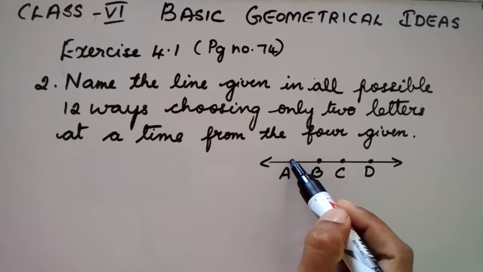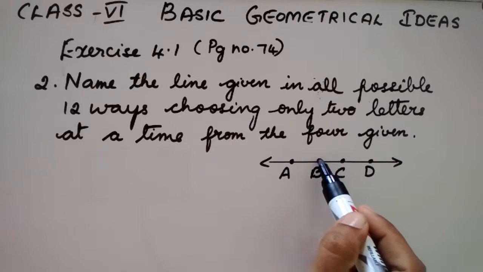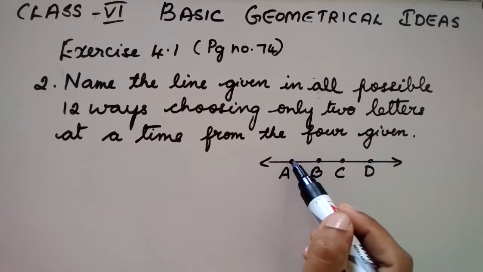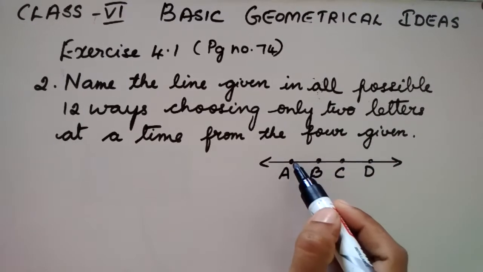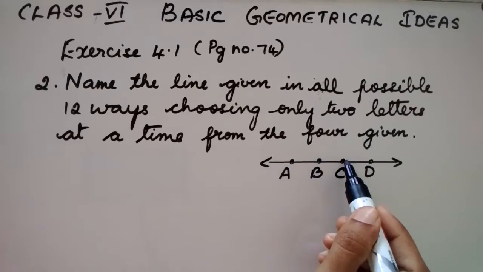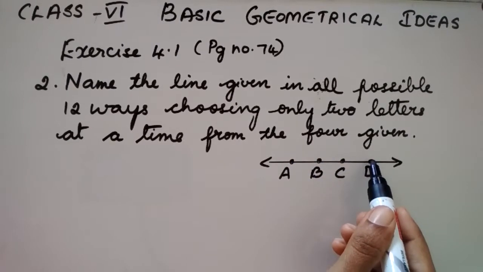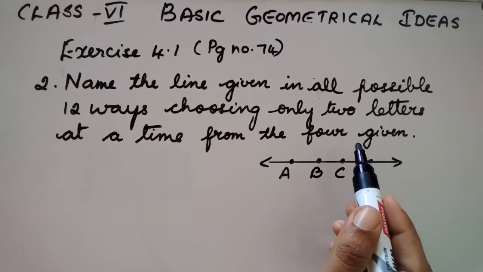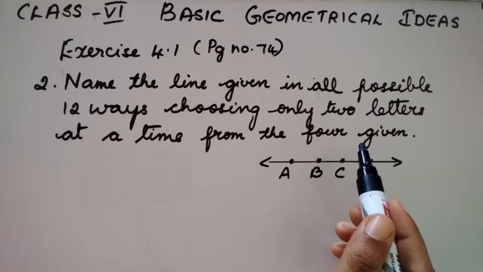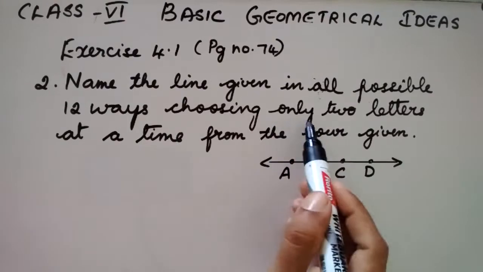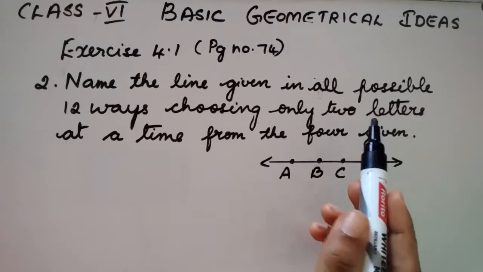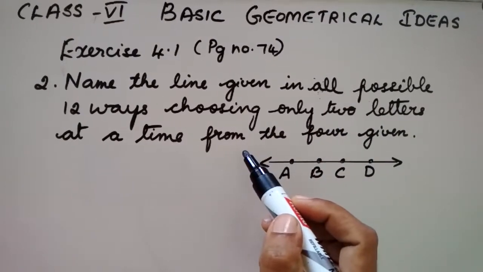So here we are given 4 letters. 4 letters means 4 points, point A, point B, point C and point D. So we have to name the line in 12 ways, choosing only 2 letters at a time.